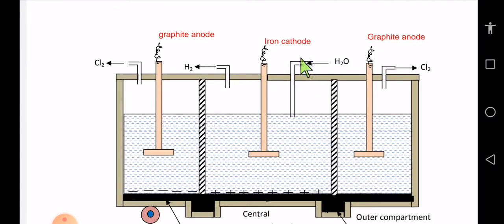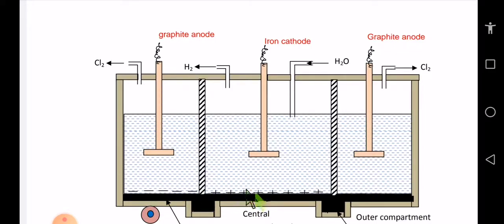Water is added through this inlet to the central compartment, and it contains an iron cathode. Look, the outer compartments contain graphite anodes and the central compartment contains the iron cathode.